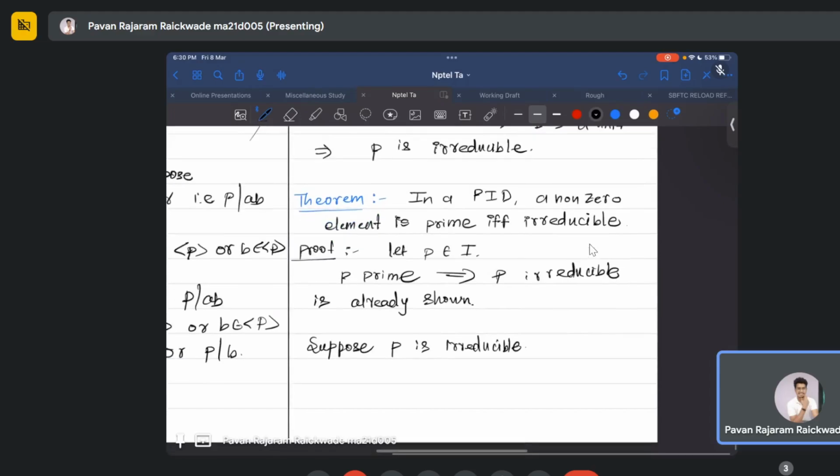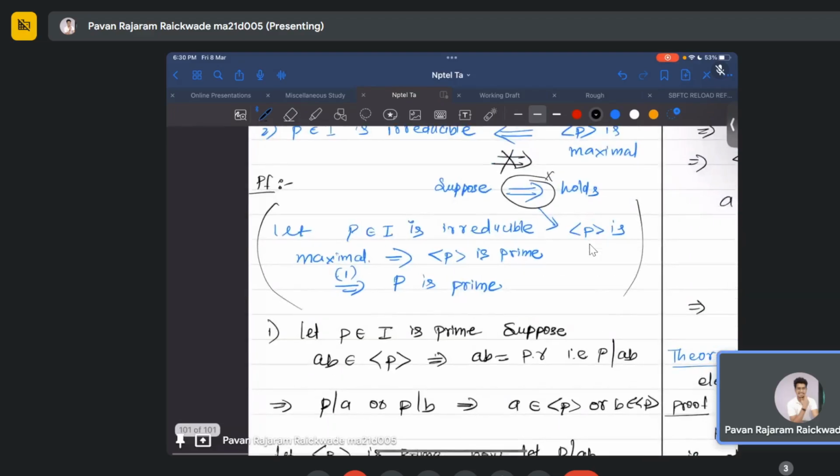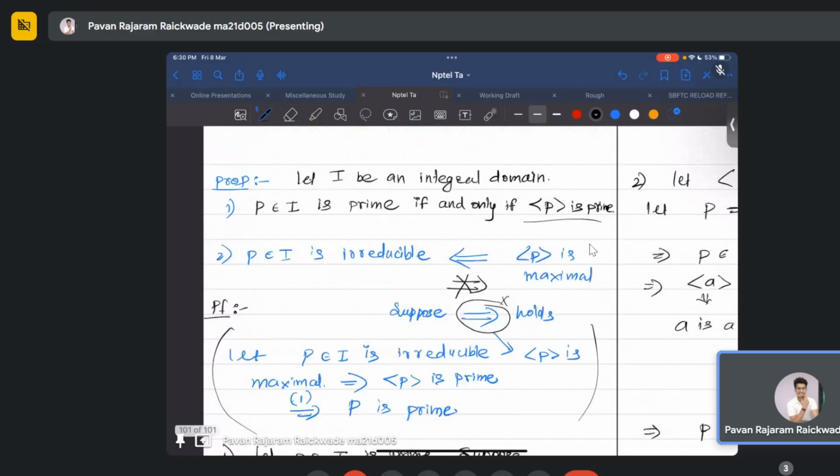So if my element is irreducible, I have to show it is prime. If I show that the ideal generated by P is maximal, then naturally it is a prime ideal. Then directly it will imply that P is a prime element, because we have already shown that an element is prime if and only if the ideal is prime.